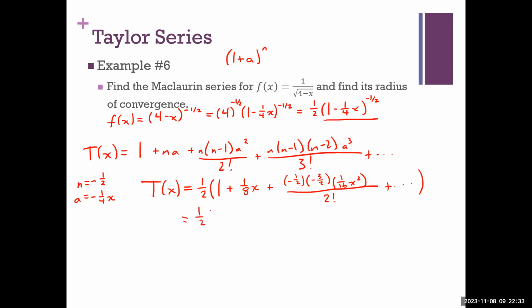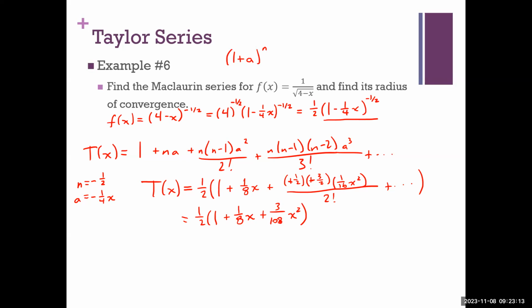Now let's clean some stuff up. We have 1/2 times (1 plus 1/8 x). What does all this stuff come out to be? It's positive, right? Positive. What is 8 times 16? 128. I think that's the next term, but somebody check me.